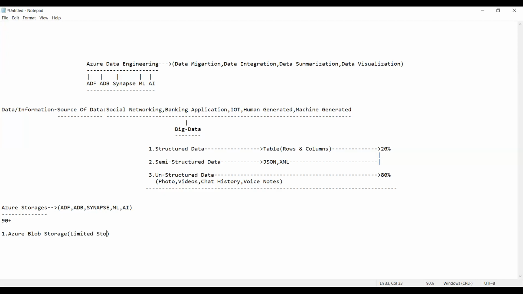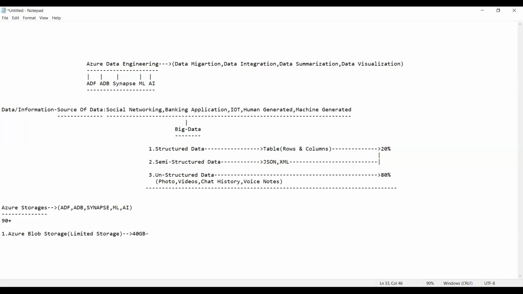Limited storage means the data will be stored within a limit. It's not unlimited storage. But what is the limitation? You can store up to 40 GB of data in each storage called Azure Blob Storage.